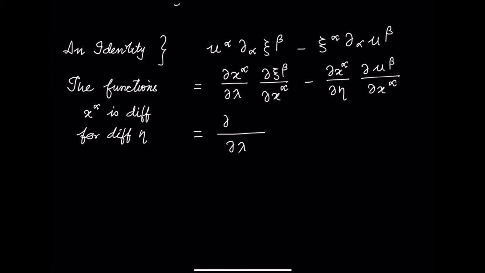But then you remember that xi beta is also nothing but del x beta del eta. Similarly, here also this becomes a derivative with respect to eta only, but u beta is del x beta del lambda. And you realize that they're the same, so this equals 0.